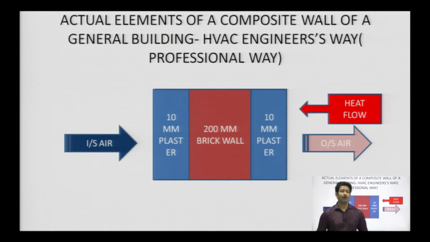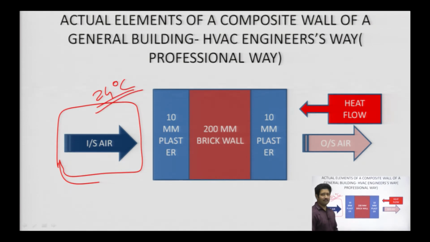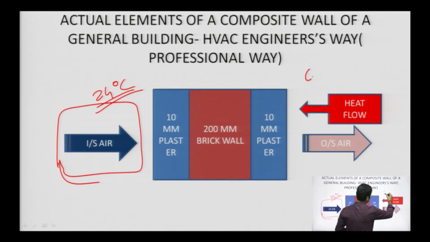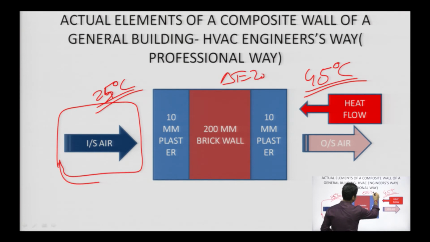So the heat flow, see the outside air. Suppose we are air conditioning this particular area and maintaining it at 24 degrees Celsius, which is a human comfort temperature, and suppose we are talking about peak temperatures of Delhi, it's 45 degrees Celsius, even more than that for some days. Suppose I take it as 25, so delta T is 20 degrees Celsius.